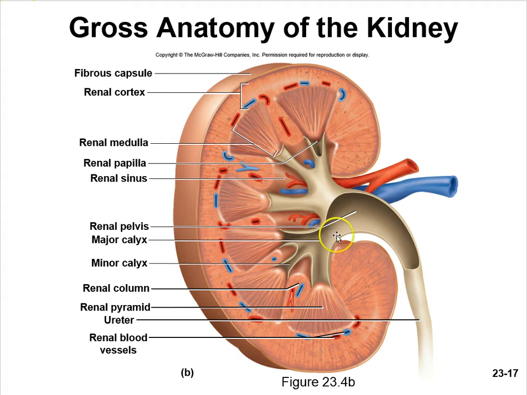See how the pelvis is a collection of a number of major calyces. Here's a minor calyx. Here's the renal column, a renal pyramid here, and in the cross section we can see some renal blood vessels as well. And here's the ureter.